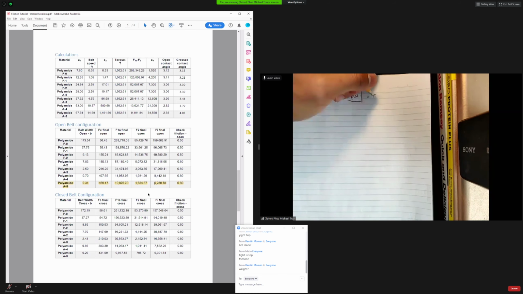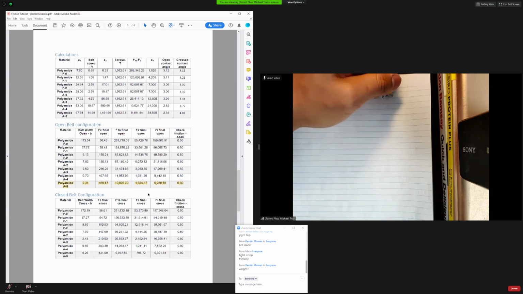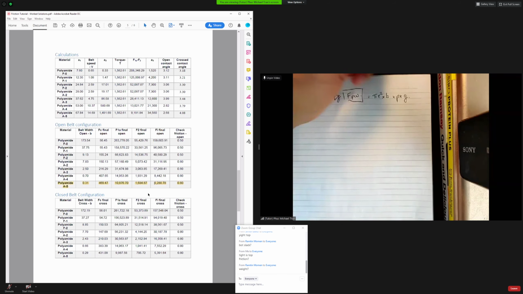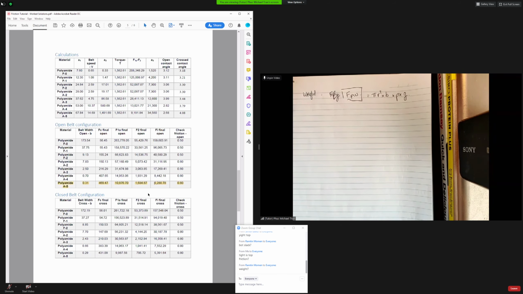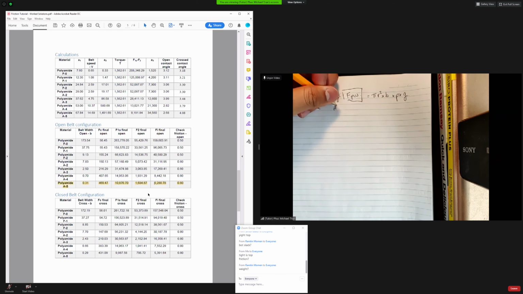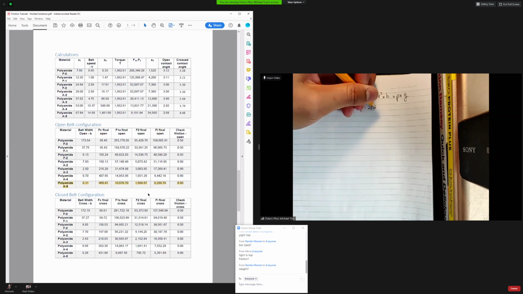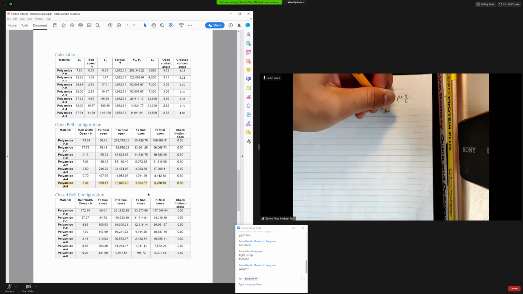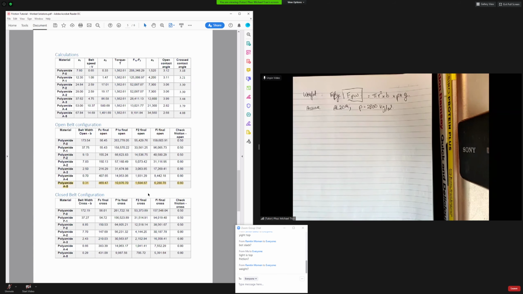We can say that's the area, pi r squared, times the thickness B, we've got that already, times density times g. So we have to assume a material. If we assume that it's AL 2014, you can Google that to find the density of it. Rho equals 2800 kilograms per meter cubed.